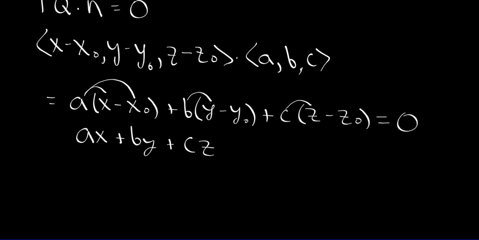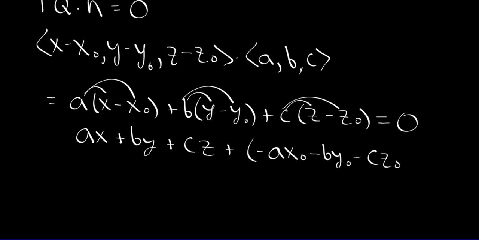And then let me put the rest of it together. I've got plus negative a x naught minus b y naught minus c z naught equals 0. I'll call this part right here just a constant. A, B, and C are scalars. X naught, y naught, z naught are scalars. So this is just a constant.